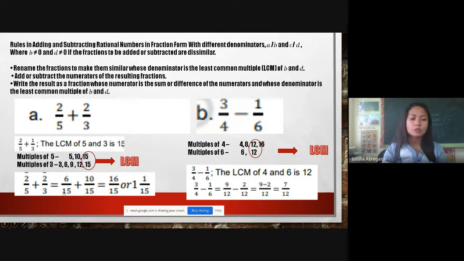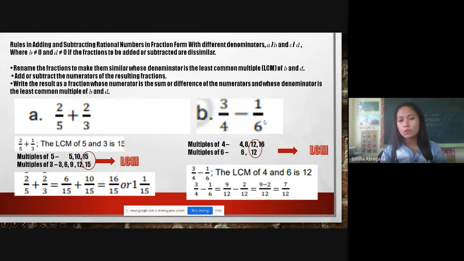Because we now have similar fractions, we add 6 plus 5 equals 11, and just copy the common denominator, which is 15.